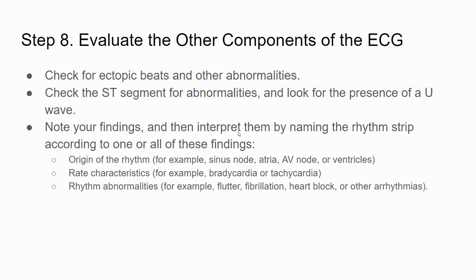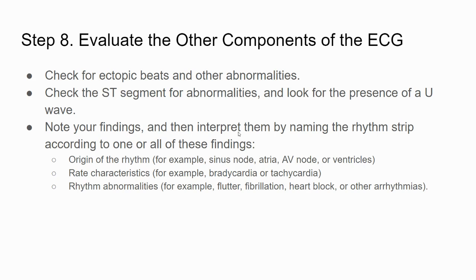We're going to note our findings and then interpret them by naming the rhythm strip according to one of these findings. So the origin of the rhythm: if it's coming from the sinus node, the atria, the AV node, or the ventricles, well, then we're going to name the rhythm according to that. So it could be a sinus rhythm or a ventricular rhythm or an atrial rhythm, okay?